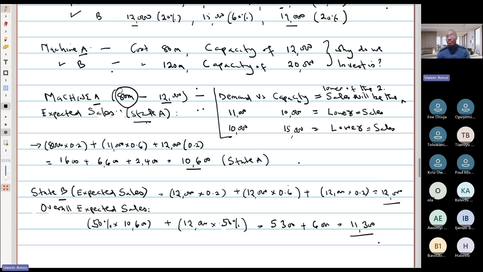Where's small B? Oh, sorry, small B is here. I was looking at this overall. So small A is 10.6, and small B is 12,000.